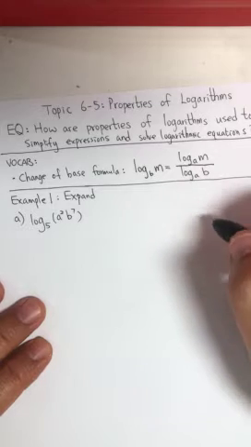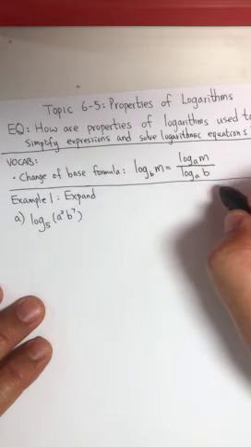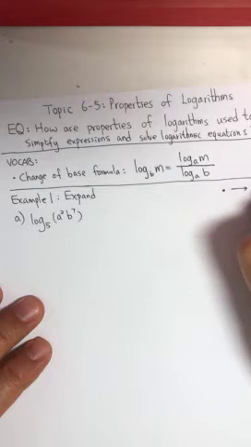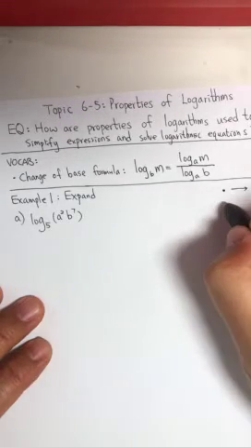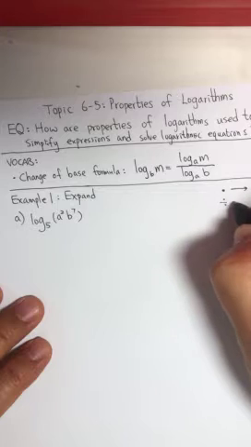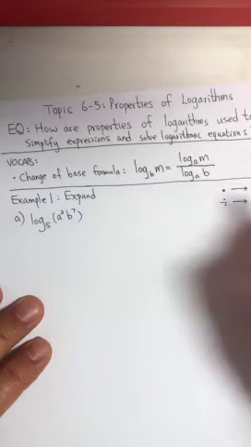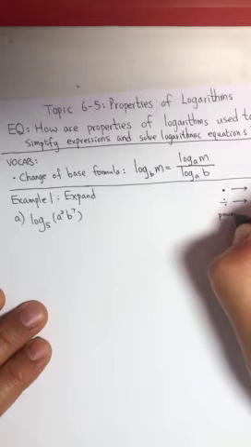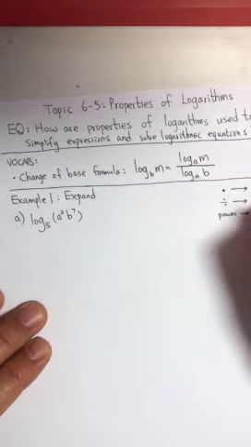So just to give you a shortcut hint here. Whenever you see multiplications, you're going to transfer that into additions. When you see divisions, you're going to transfer that into subtractions. And when you see powers, you think about multiplications.